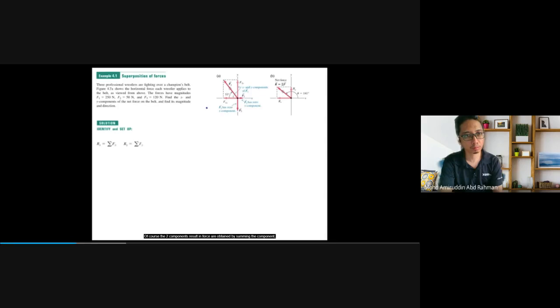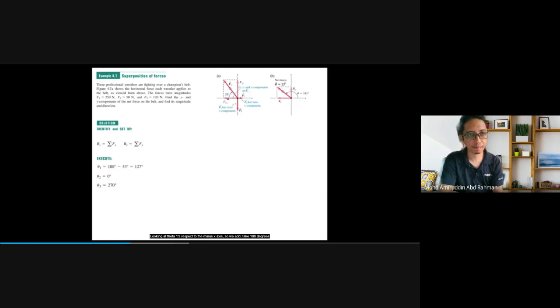Of course, the two components of the resultant force are obtained by summing the respective components of the three forces in the diagram on the left. So Rx is the sum of all the Fx's, and Ry is the sum of all the Fy's. Now, to get these components, we'll need the angles, in particular with respect to the positive x-axis.